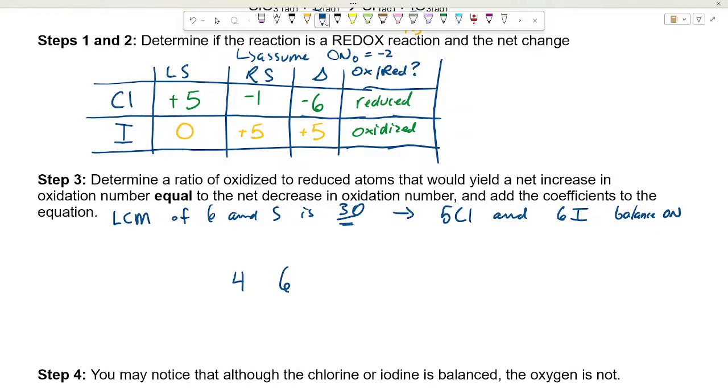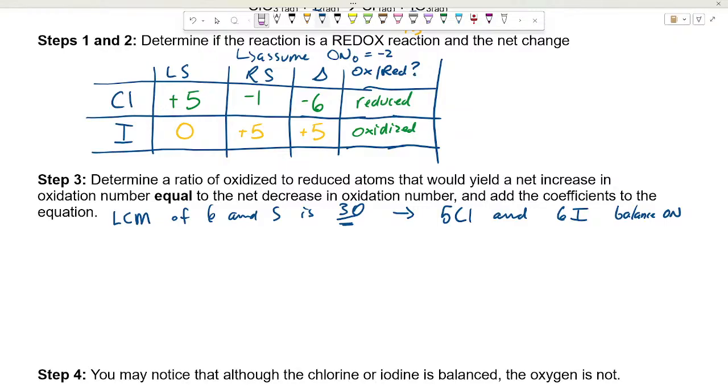But if you just flip them, it'd be 24, so you'd be twice as big as you need to. Just switching them will give you a common multiple, but not necessarily the lowest. Now, if you end up with a balanced chemical equation where everything could be divided by 2 at the end, it's not the end of the world. Just divide everything by 2. But do you see what I'm saying?